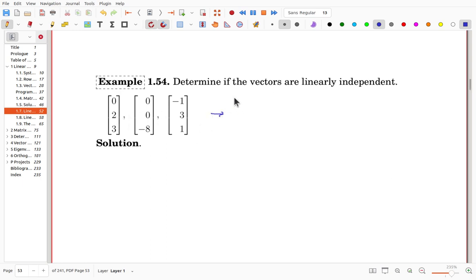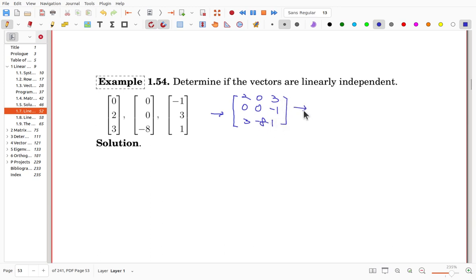Then from this one, now we try row changes. This is 0, so we move this one on the top. So that is here 2, 0, 3, and now 0, 0, minus 1, and the last one is 3, a minus a, and 1.